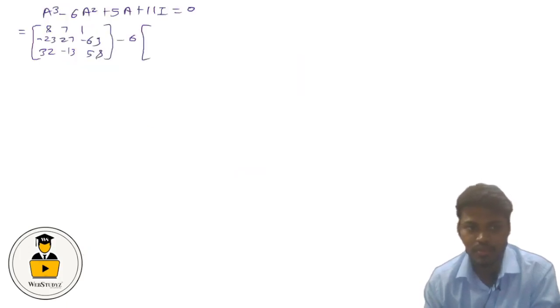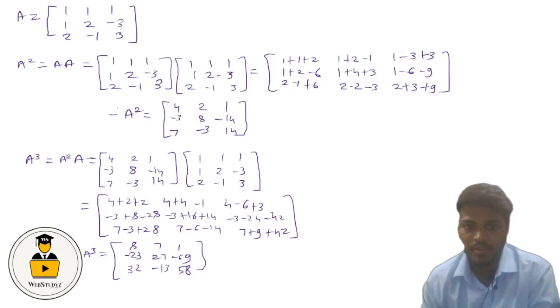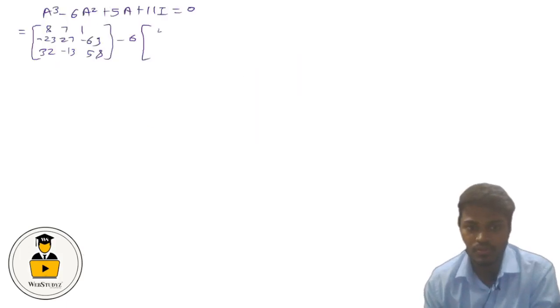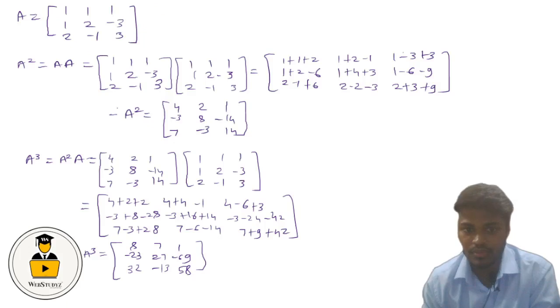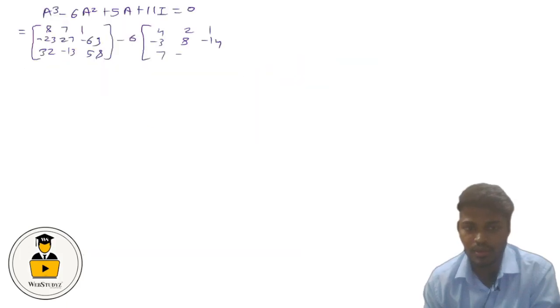Minus 6 times A square, which is [4, 2, 1; -3, 8, -14; 7, -3, 14], then plus 5 times A, where A is [1, 1, 1; 1, 2, -3; 2, -1, 3].